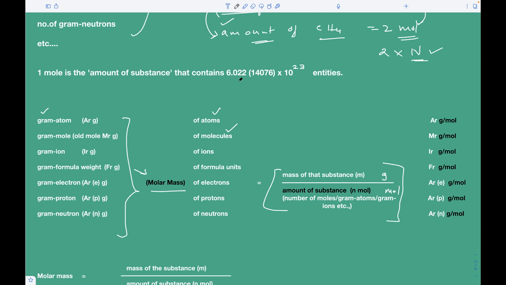Now, have you ever wondered why we took this weird looking number for the size of 1 mole instead of some nice round figure like 6 into 10 to the power of 23 or 2 into 10 to the power of 23 or just 10 to the power of 23? That is because if you take these many entities of a particular kind, then the total mass of those entities will be equal to its relative mass in grams.